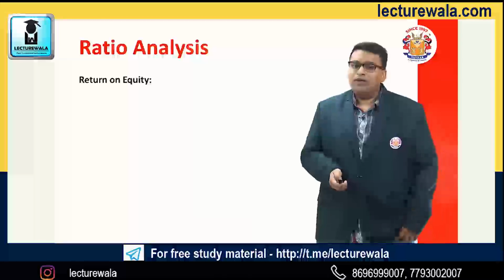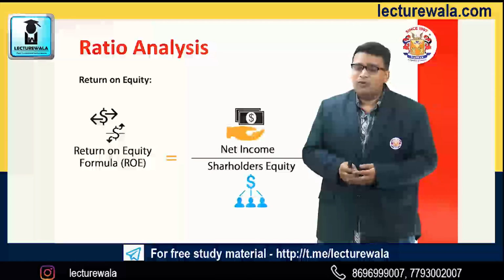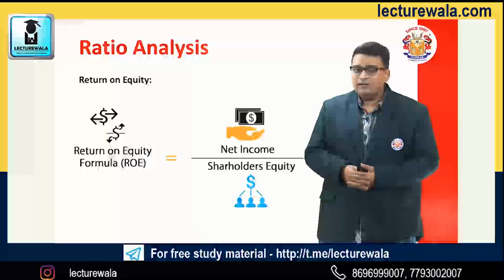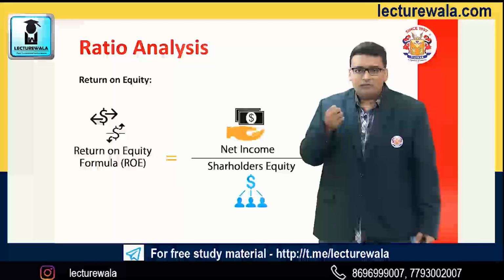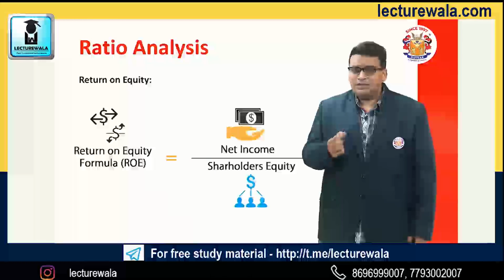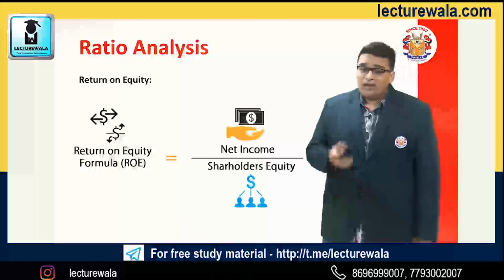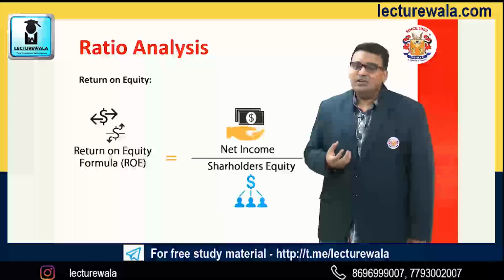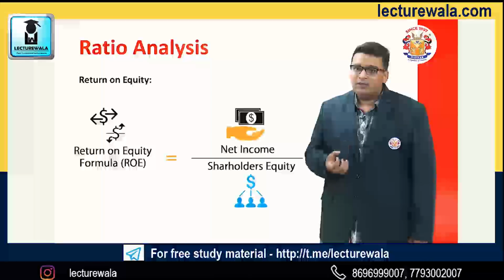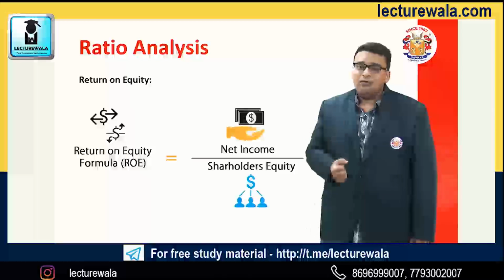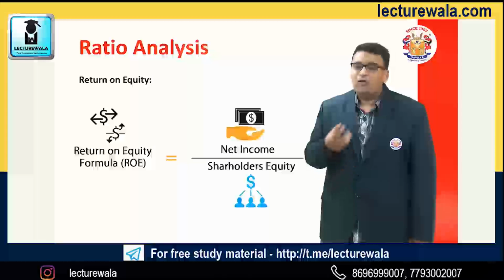Now if we look at the formula of the same, it says net income divided by shareholders' equity. Yes sir, we have discussed this so many times and are still repeating. In the ratio chapter, anything which is given in the denominator should be considered as a base for which the appropriate numerator shall be derived, or it should be compared with the appropriate numerator.